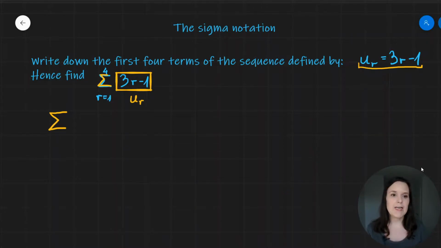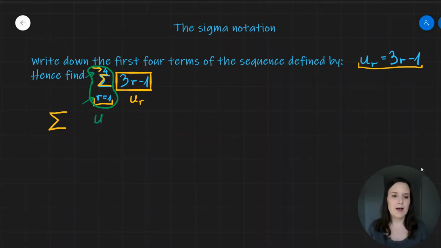Which terms? It says start with r equal to 1, so start with the first term and then go up till the fourth term. So this symbol here means add the terms, start with the first one, end with the fourth one.